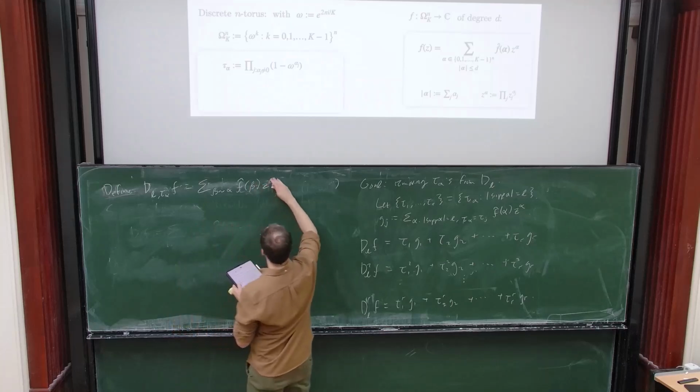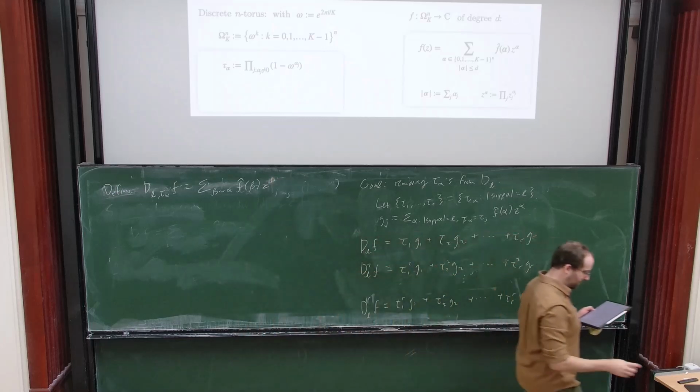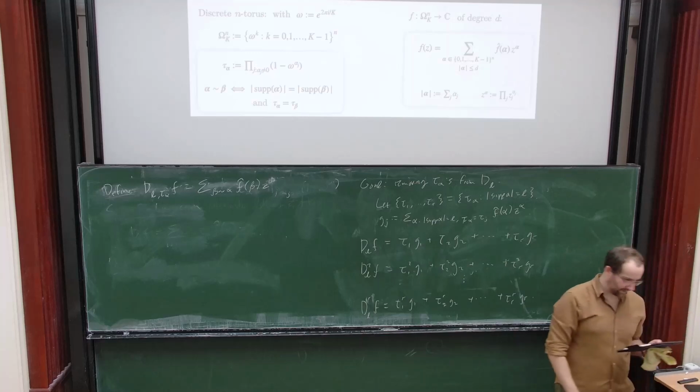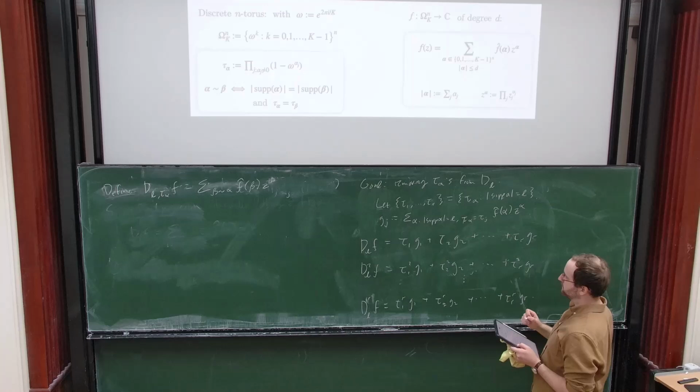So what do I mean by equivalent? There are two conditions to be equivalent. The support sizes have to be the same, and then the taus have to match.